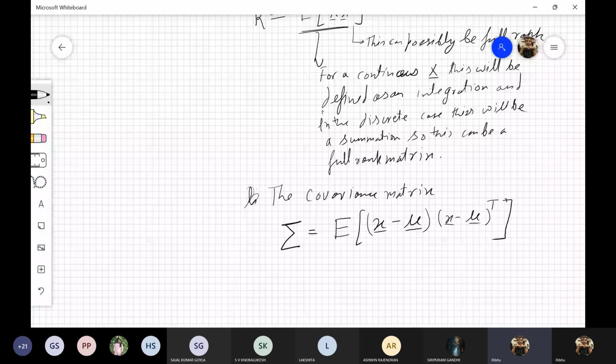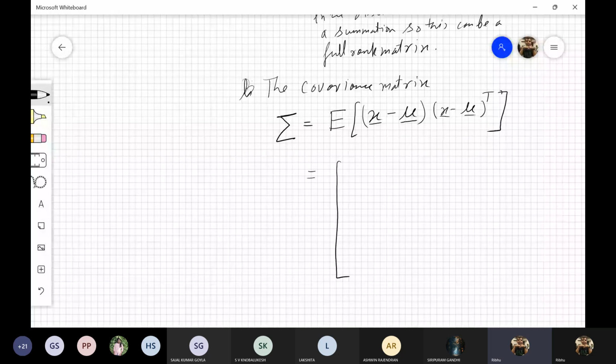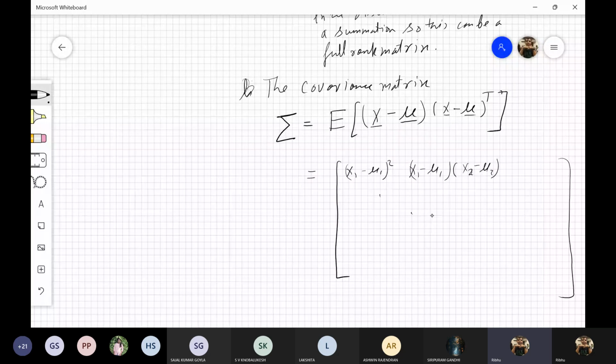Sorry, this should be capital X. The entries are (x1 minus mu1) whole square, (x1 minus mu1)(x2 minus mu2), you can fill this up and the expectation sits out here.